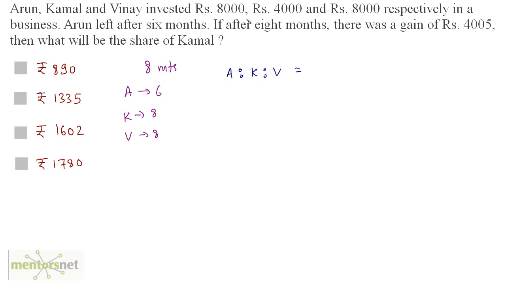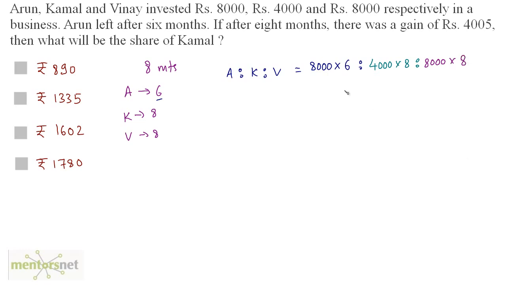So Arun invested 8,000, so 8,000 times its time period, which is 6, is to, then Kamal invested 4,000, so 4,000 times 8, is to Vinay, who invested again 8,000 rupees, so 8,000 times 8.